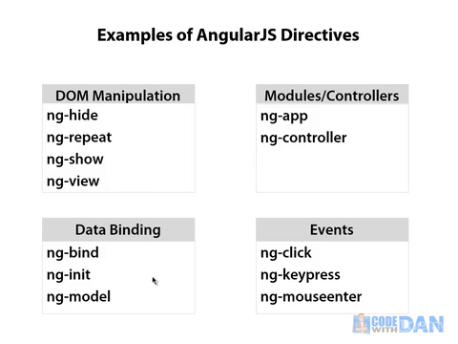Now, when it comes to data binding, you've already seen the ng-model, but there's a few others you can use. ng-init can be used to initialize your properties with some initial values. And then ng-bind can be used in place of data binding expressions, which we're going to be learning about as well here. Now, you can also reference modules or just mark an app as an AngularJS app using the ng-app directive, which we've already seen briefly in the first module of the course.